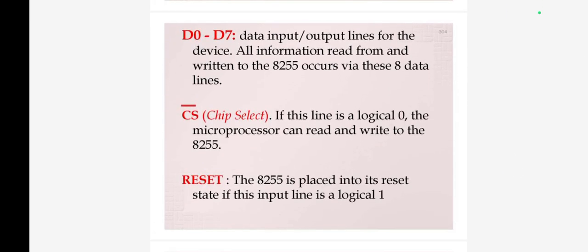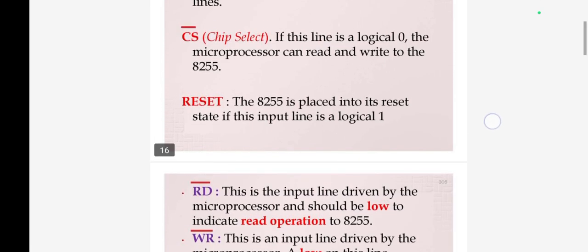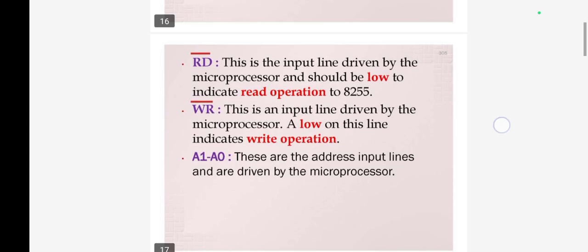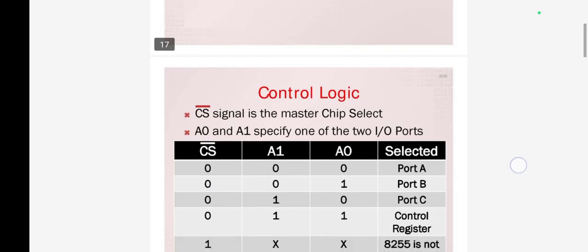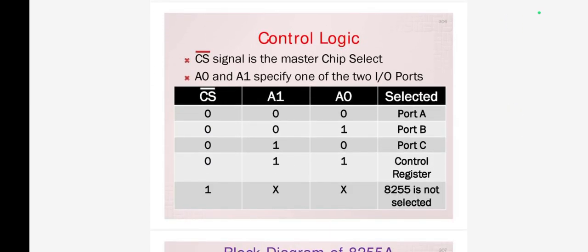And D0 to D7 data input output lines, chip select, CS bar, reset pin, read bar, write bar, all the pins are available. And in the control logic, CS bar, that is the chip select signal, a low on this pin enables the communication between the microprocessor and 8255A. A0 and A1 specify any one of the input output ports.